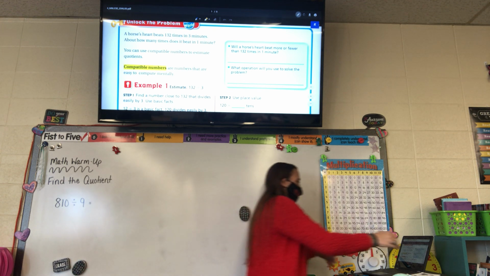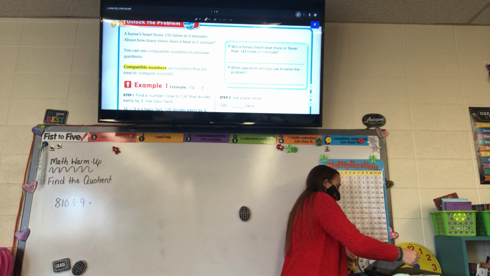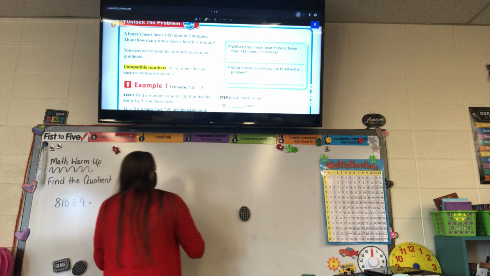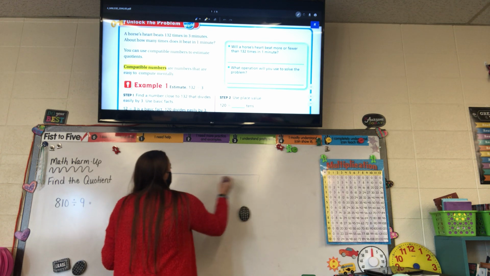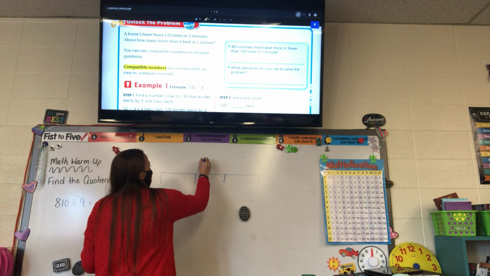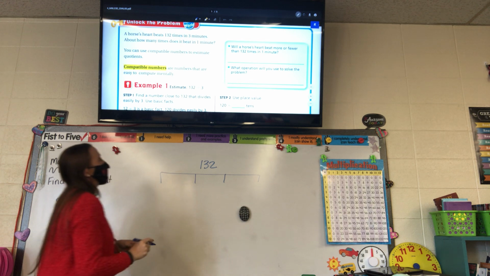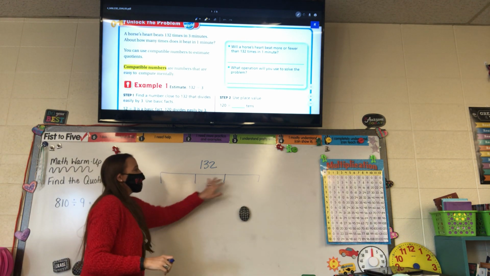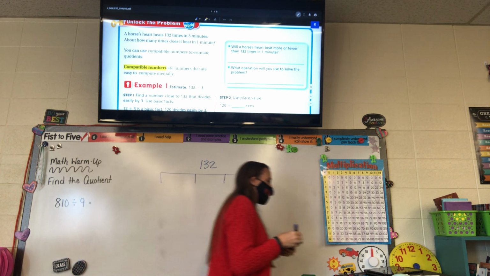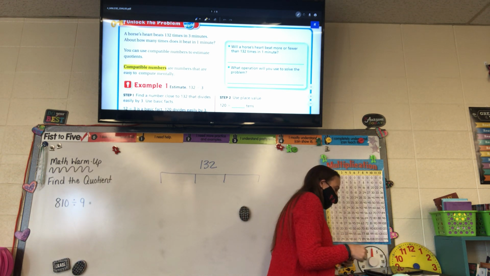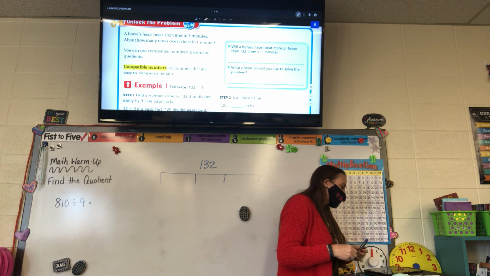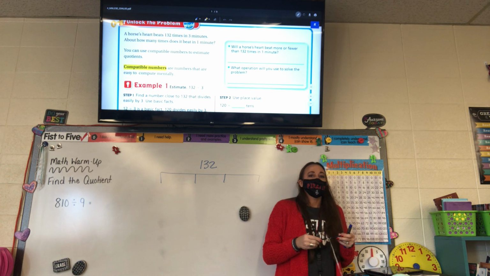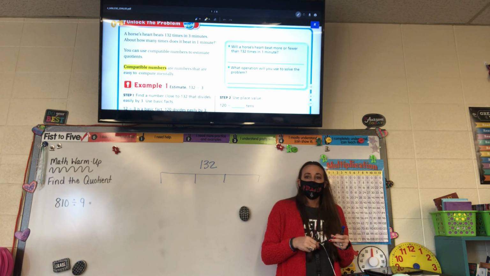So the first problem says a horse's heart beats 132 times in 3 minutes. So over the course of 3 minutes, a horse's heart beats around 132 times. We're wanting to figure out how many times it beats each minute. First of all, in the blue box it says, will a horse's heart beat more or fewer than 132 times in 1 minute?